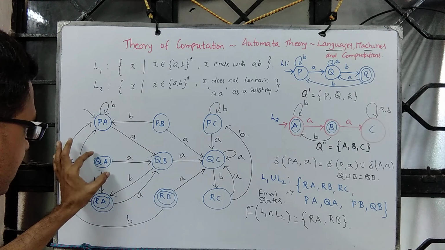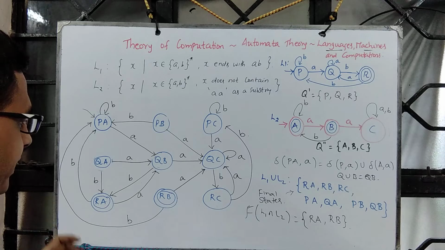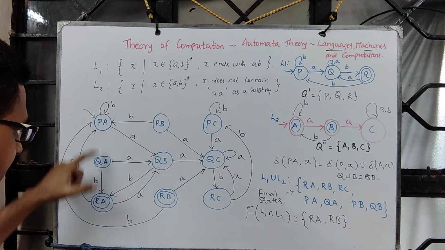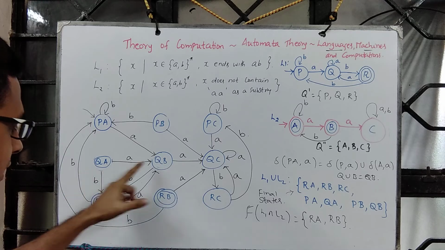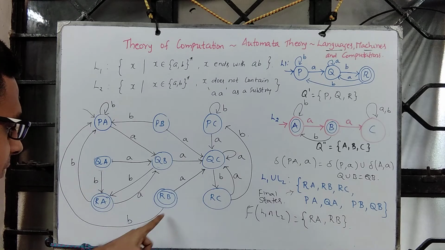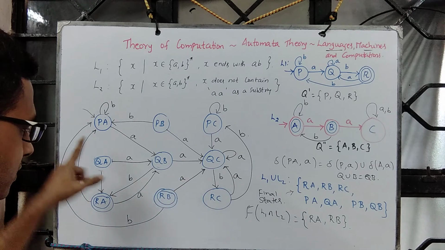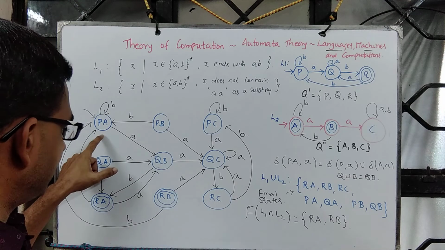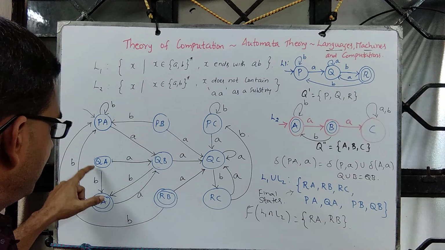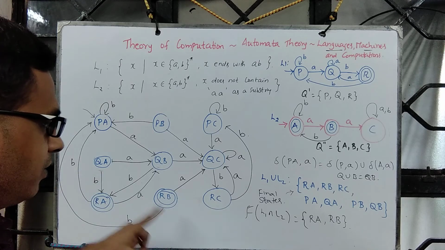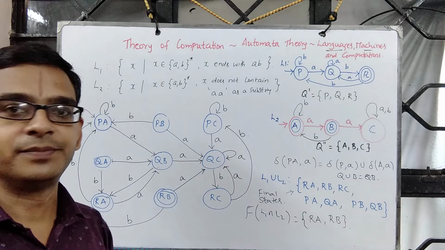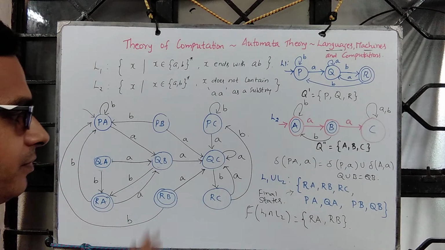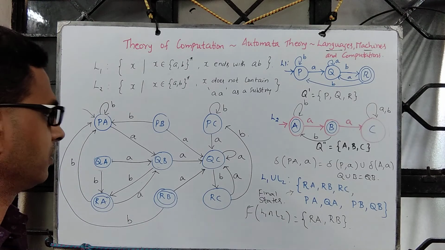So this will not be reachable from the start state because there is no incoming arrow. Both are outgoing. Similarly, over here also both are outgoing arrows. There are no incoming arrows, which means starting from the start state, this state and this state both are not reachable. So such states can be removed from the automaton.